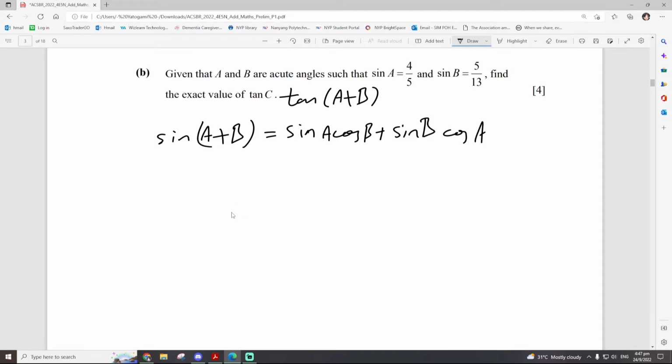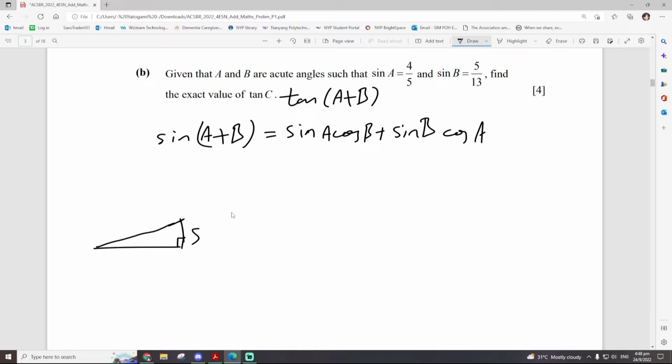Alright? So how do you find cosine B? Well, I can draw a... Oh, you can't draw a line here. Okay, never mind. We'll draw a right angled triangle. So let's do it like this, something like that, and there you go. This is a right angled triangle.